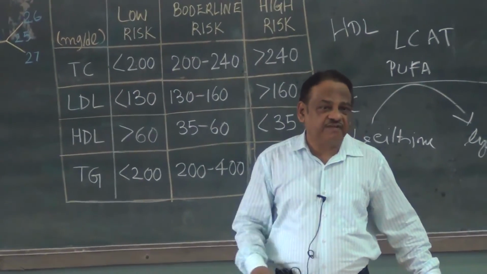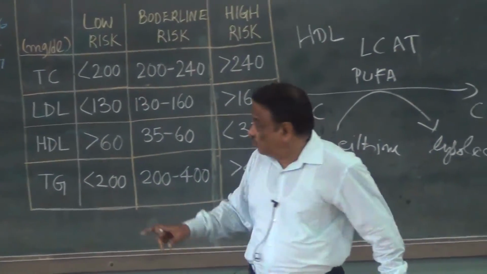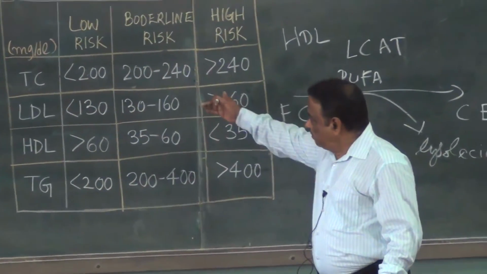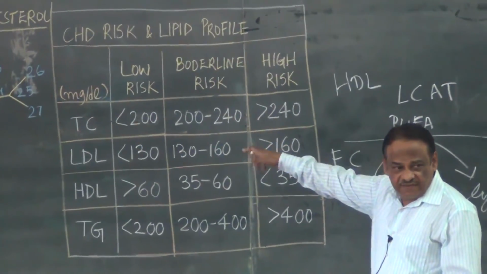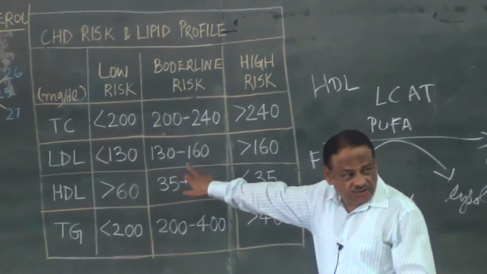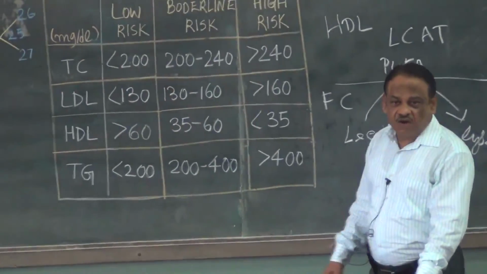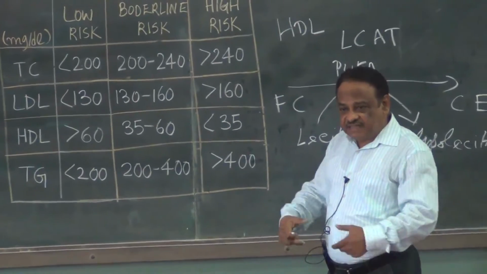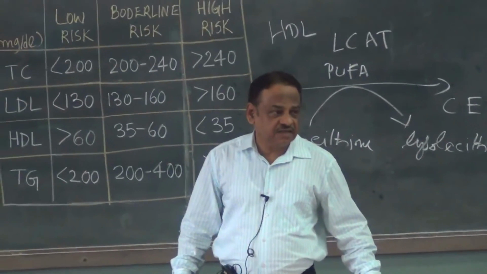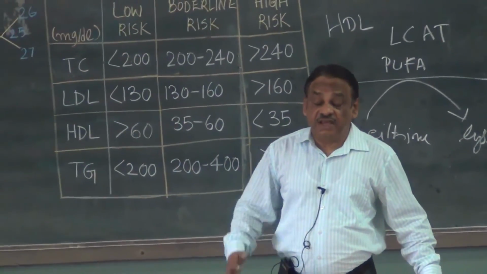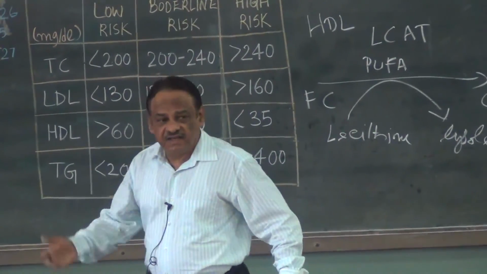Suppose a patient has about 45 HDL, but his LDL is about 230, or his blood pressure is high, or he is obese, with a waist circumference of more than 80 centimeters in females and more than 90 centimeters in males.